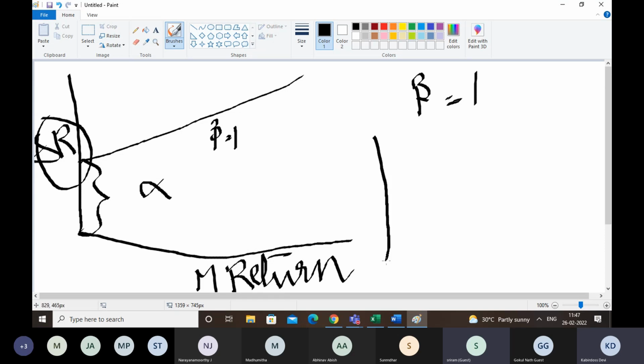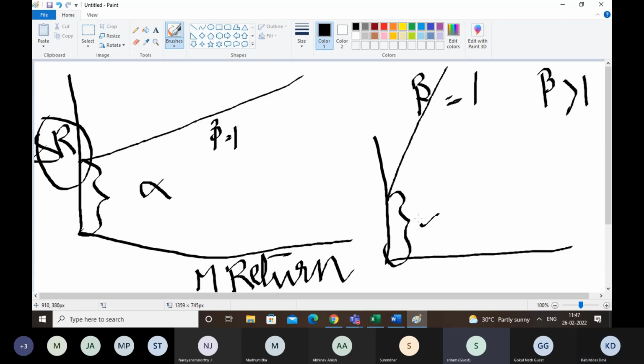On the other hand, when the beta is more than 1, when the market return is gradual, the stock return will be very high.